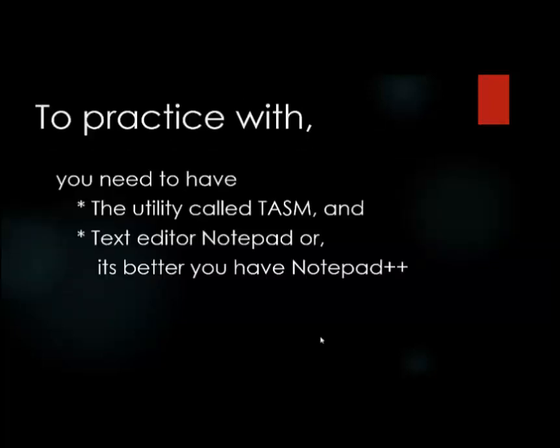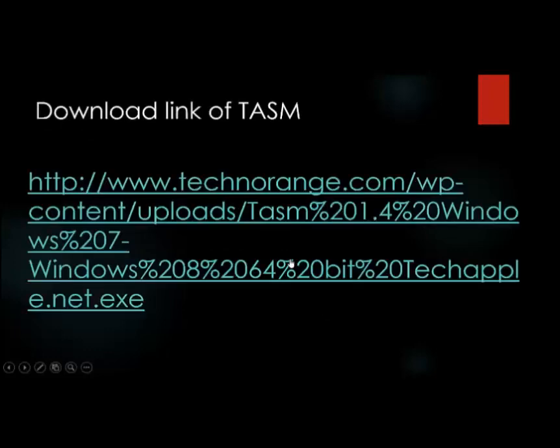I think it is better if you practice with the tutorial. To practice it, you need 2 utilities, called TASM and also a text editor, Notepad or Notepad++. I think it is better if you have Notepad++. You can go directly to this link, then you can download TASM, or otherwise I can show you how to download.